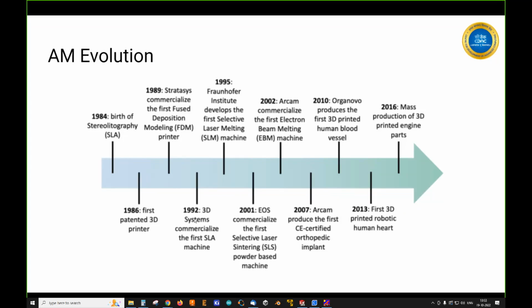Yeah, and in 1992, a company called 3D Systems commercialized the first SLA printer. In 1984 it was invented, but the commercialization happened only in 1992 because of the complexity of the systems involved.